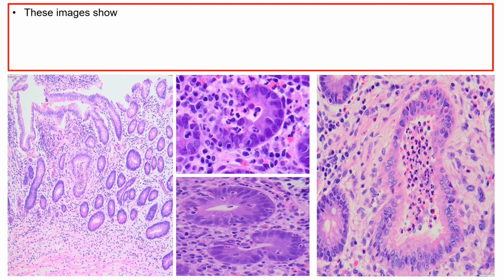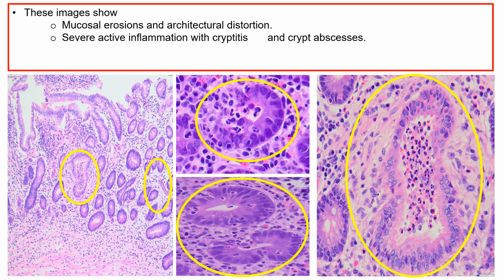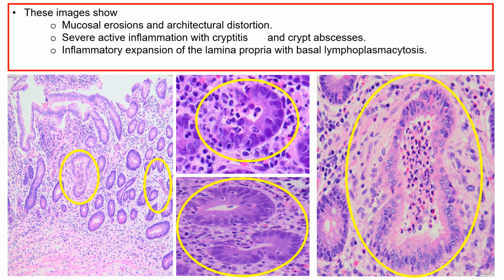These images show mucosal erosions and architectural distortion, severe active inflammation with cryptitis that is neutrophils attacking and within the lining epithelium of the crypts, and crypt abscesses that is collections of neutrophils within the crypts, inflammatory expansion of the lamina propria with basal lymphoplasmacytosis, and Paneth cell hyperplasia.